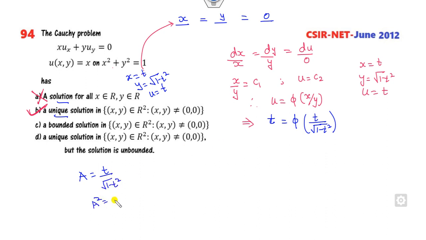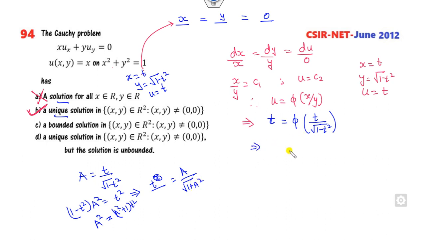I can make it as a scaling. This is my t square. So what is the value of t square? So this is t square over a square, this is a square plus 1 of t square. So t will be my a over 1 plus a square.